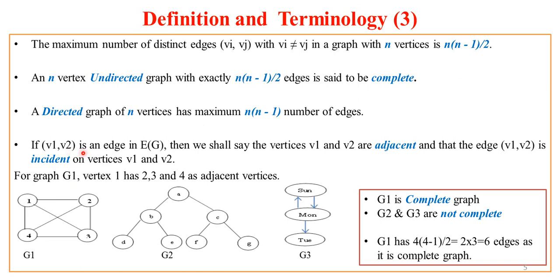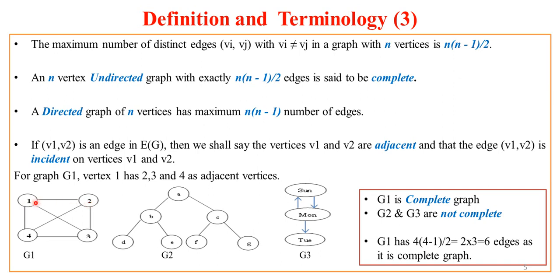Now if V1 V2 is an edge of E of G, that is the set of edges of graph G, then we shall say that vertices V1 and V2 are adjacent, and that the edge V1 V2 is incident on vertices V1 and V2. If we see here the edge 1 to 2, assume that this is V1 and this is V2.